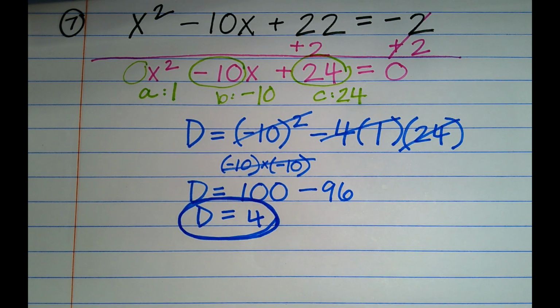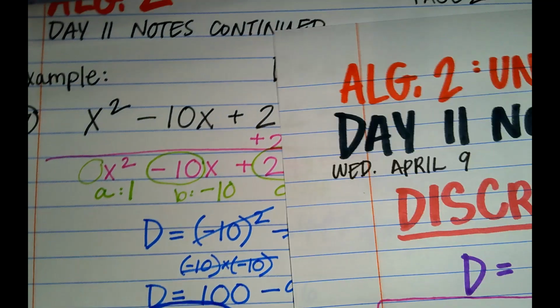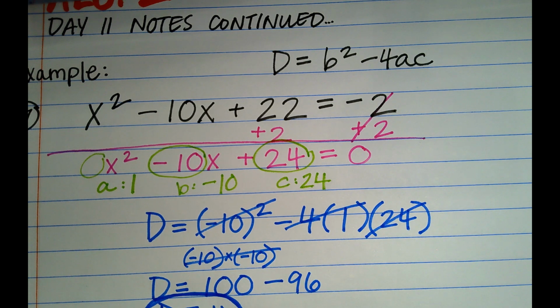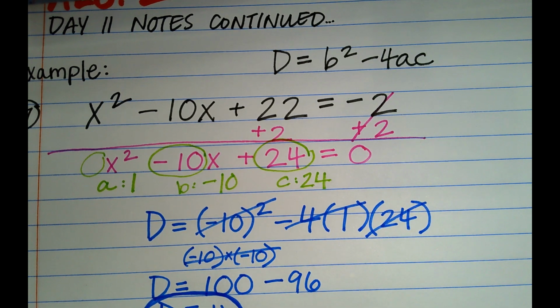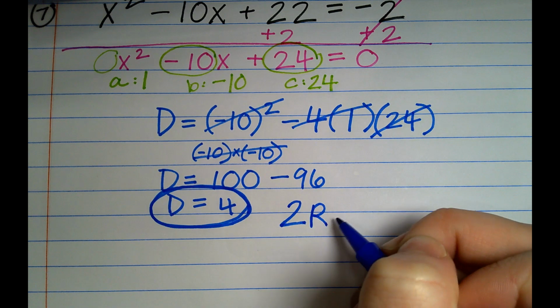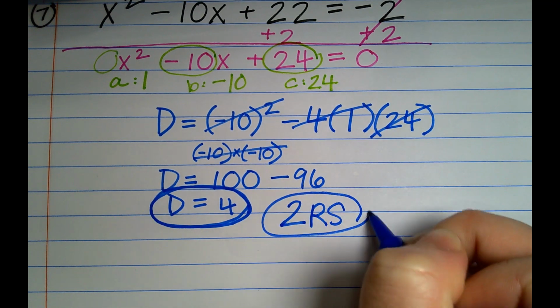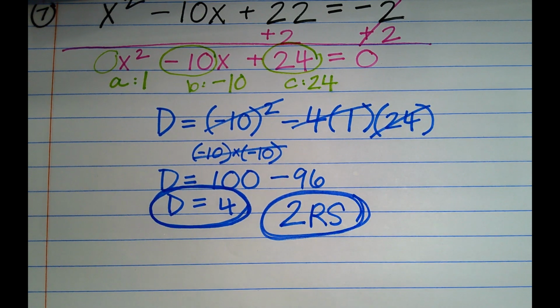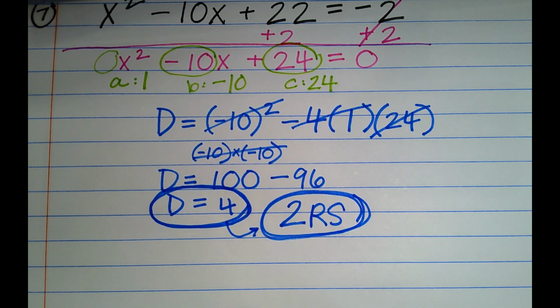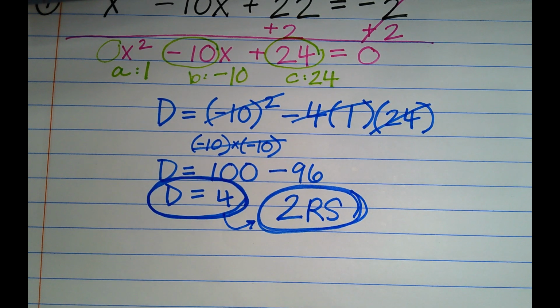Now, how many solutions? Let's look back at our little chart. 2. How do you know there's 2? Because we got a positive number for our discriminant. Since it's positive, there are 2 real solutions. And that's what we would write. Perfect.